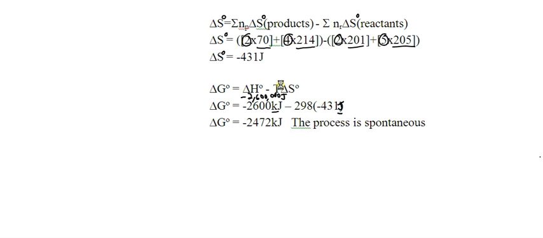Because this is standard conditions, so the temperature has to be standard, which means 25 degrees Celsius or 298 Kelvin. The other possibility is that you would have negative 2600 kilojoules, and then you would take that and subtract from it 298 times negative 0.431 kilojoules. So it's kind of like this weird diagonal, according to the way that I've got this set up.